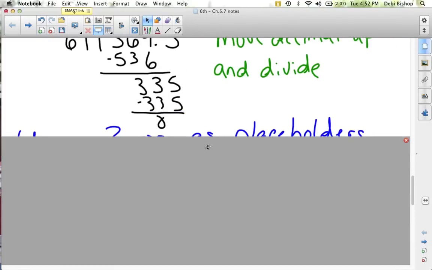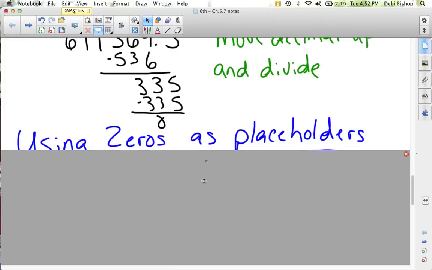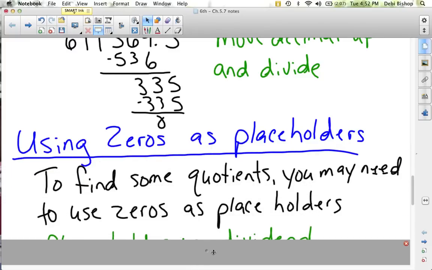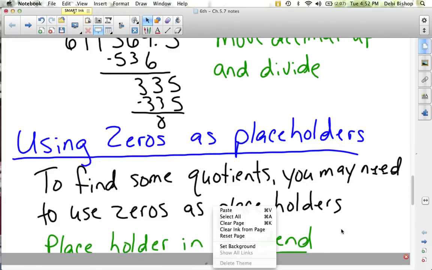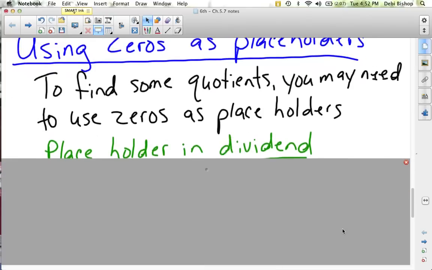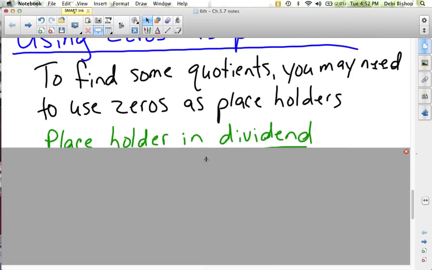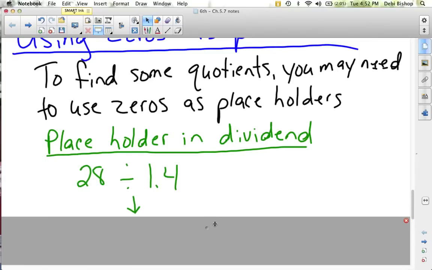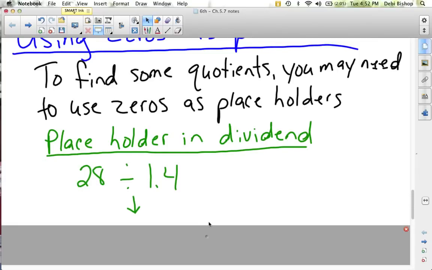So, one other part of this is using zeros as placeholders. To find some quotients, you may need to use zeros as placeholders. So, for example, a placeholder in the dividend. My problem is 28 divided by 1 and 4 tenths.